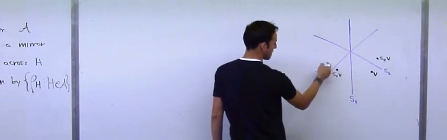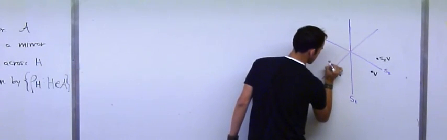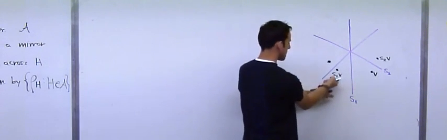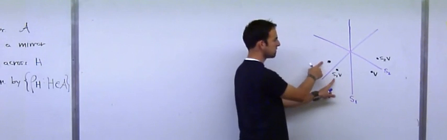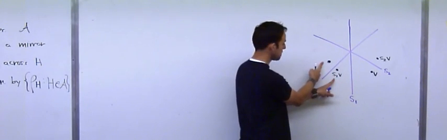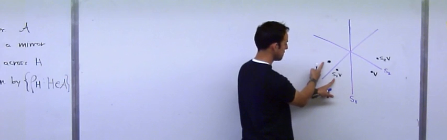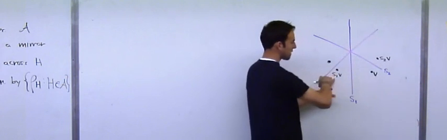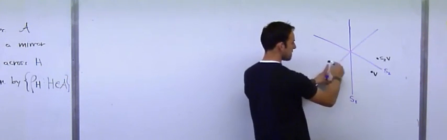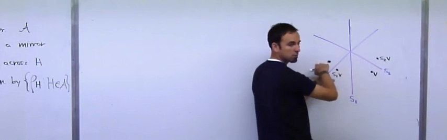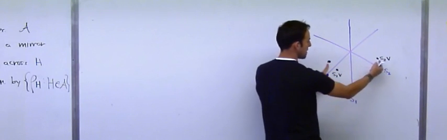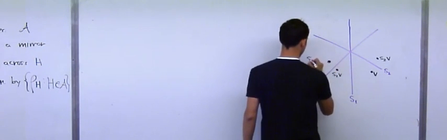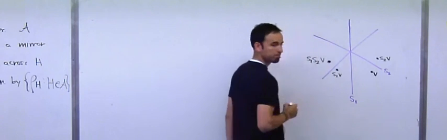Now, what about this one? What should I call this one? So this is the result of reflecting this guy across this plane. And you give me two answers, and I like Anna's answer better. So one answer is call this S3S1V if I call this S3. But actually, the point is that I don't need S3 because this guy is the image of S2V across this hyperplane. And so if I take this guy and I reflect it across using S1, I get S1S2V.